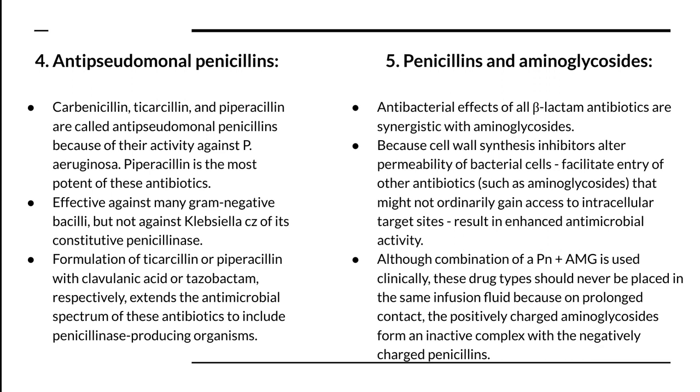Remember, this is good for MCQ, an exception question. Except Klebsiella, because of its constitutive penicillinase. And formulation of ticarcillin or piperacillin with clavulanic acid or tazobactam extends the antimicrobial spectrum of these antibiotics to include penicillinase producing organisms. You remember I told you sulbactam and tazobactam are also there. So this is the effect of tazobactam. Clear?